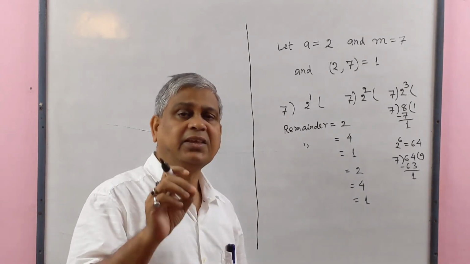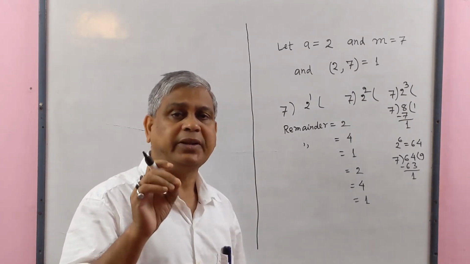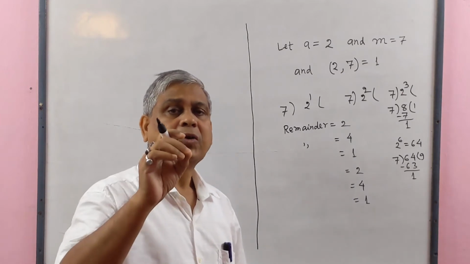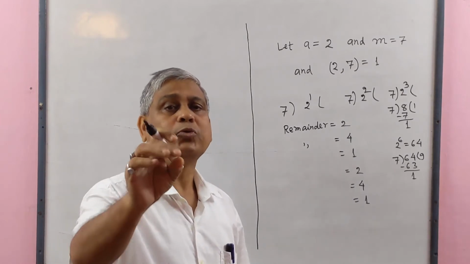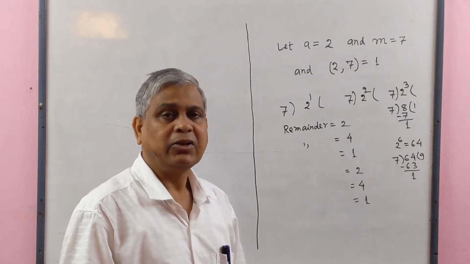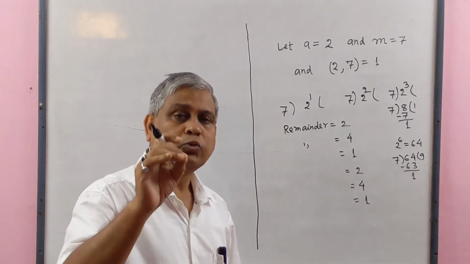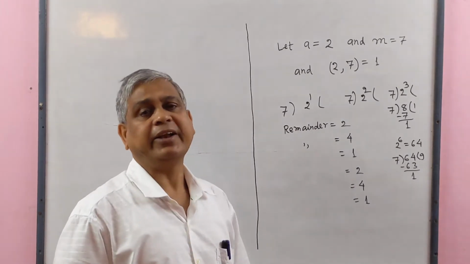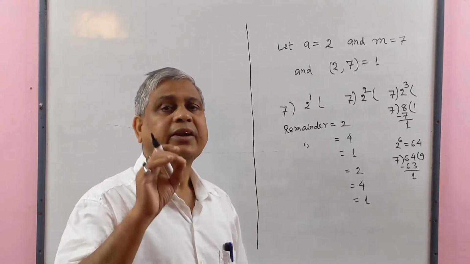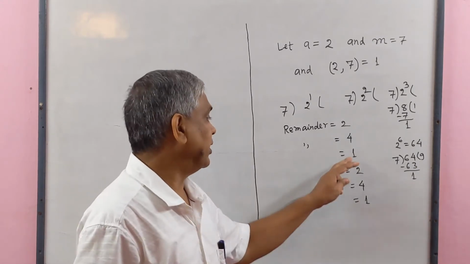Since 3 is the least positive integer power of 2 such that when 2 to the power 3 is divided by 7, it gives remainder 1.